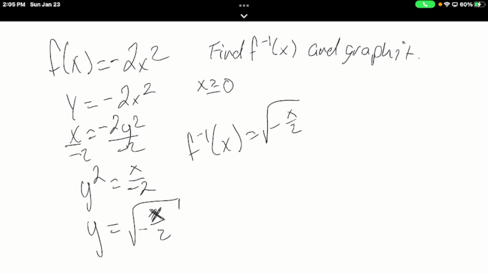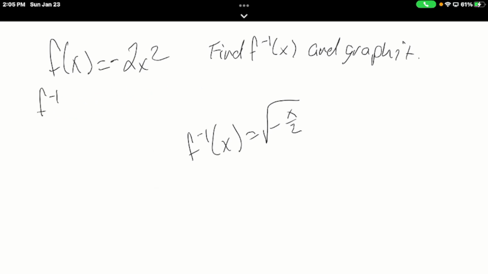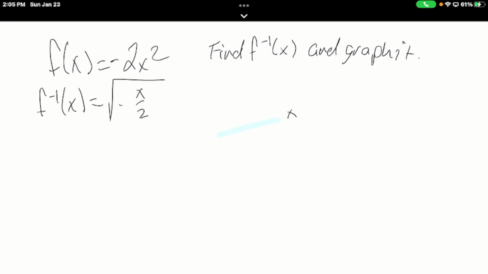Okay, now that I have my original function and my inverse, I'm going to set up a table that corresponds to both of them. So I'm going to rewrite this over here. Let me actually get rid of this too. So I've got f inverse x equals square root of negative x over 2, just like that. Cool.